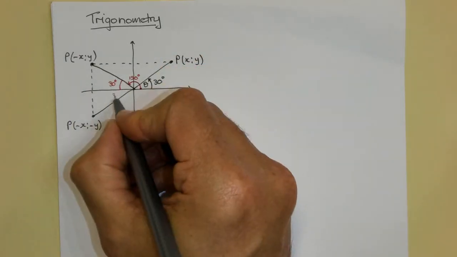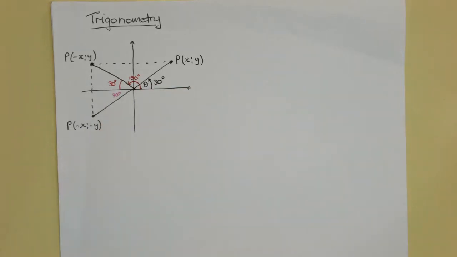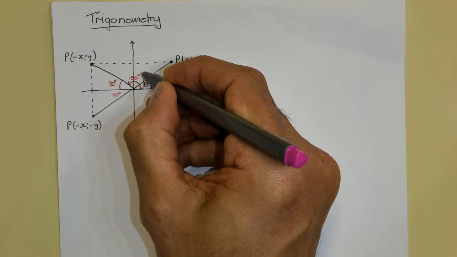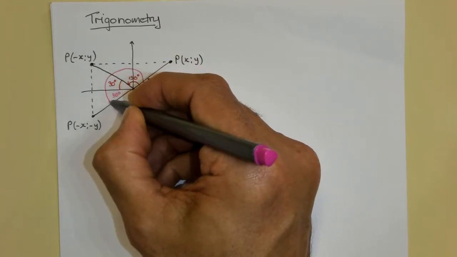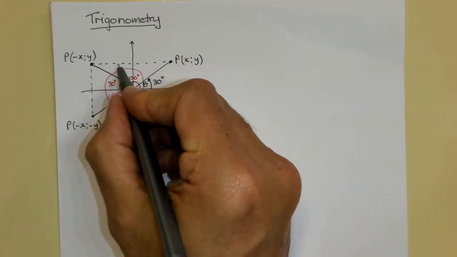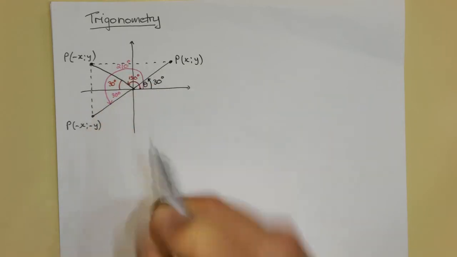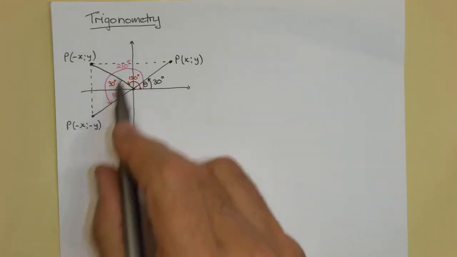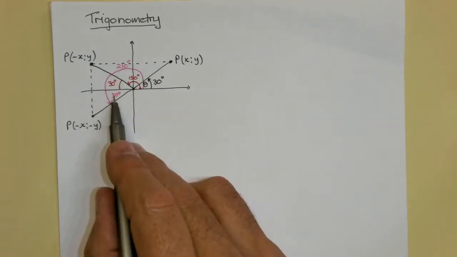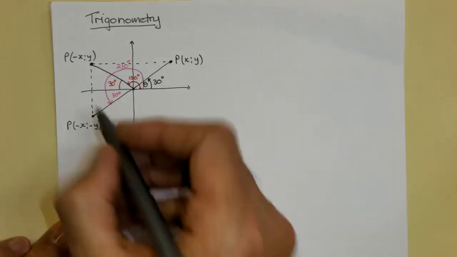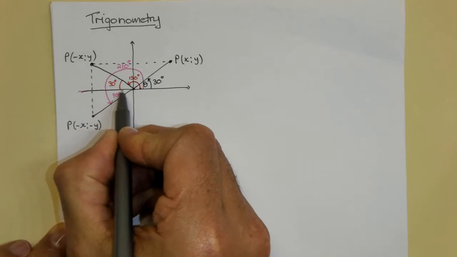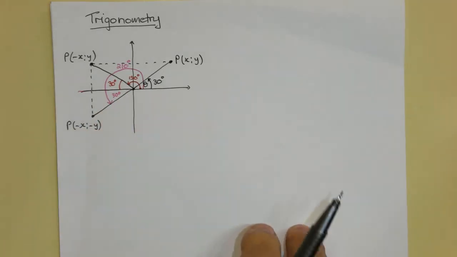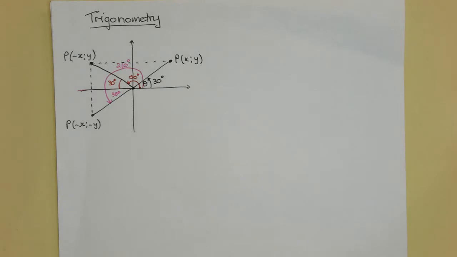So this angle will again be 30 degrees. But because I started measuring the angle here, I'm going to try and draw the circle as nicely as I can. I'm actually talking about 210 degrees. And 210 degrees is still related to 30 degrees. It is 30 degrees away from this horizontal. Okay, we'll assign the angle values in a moment.